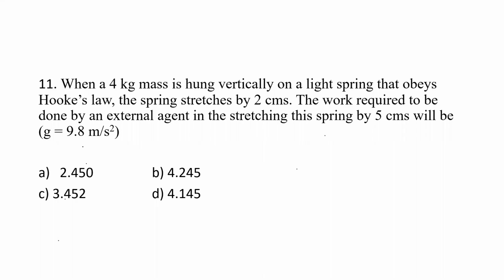When a 4 kg of mass is hung vertically on a spring, it stretches by 2 centimeter. So here the force constant is denoted by K. That force constant K is equal to, we have formula F divided by X. So how much is the force here?